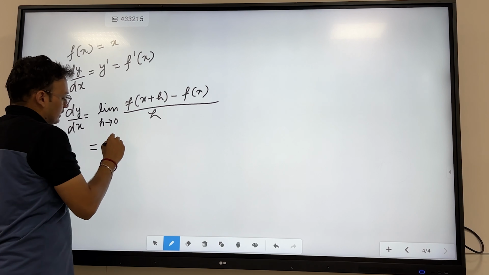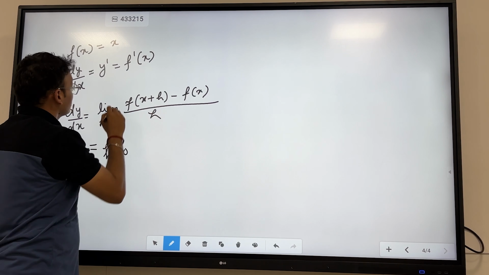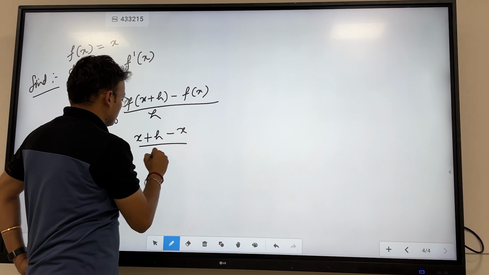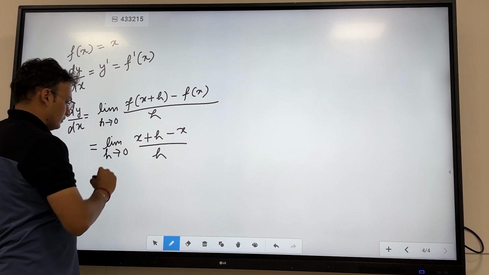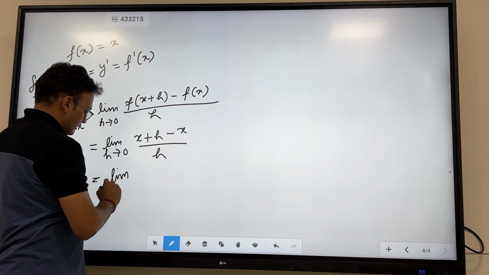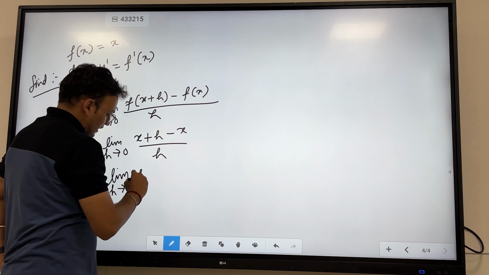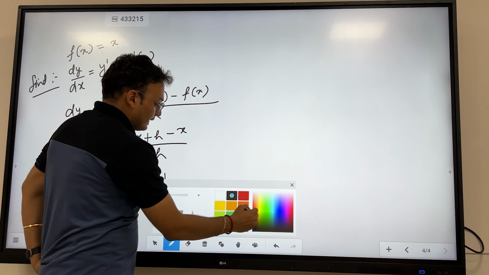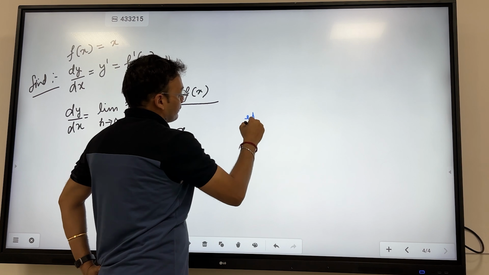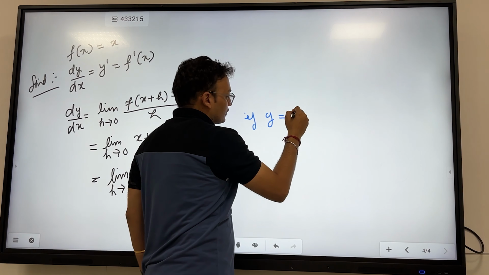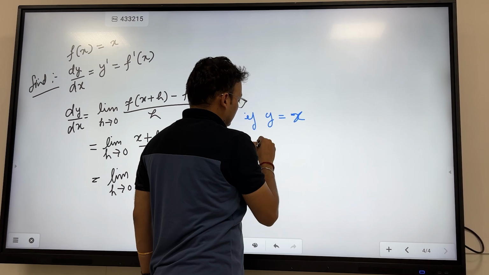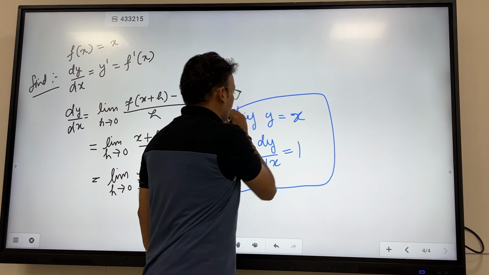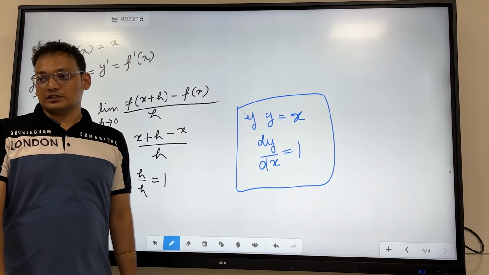Now put the value, use the function. So can I say x plus h minus x over h, right? Which is nothing but limit h tends to 0 of h by h, which is equal to 1. So can I say if y is equal to x, then dy over dx is equal to 1. Is this clear to you, students?